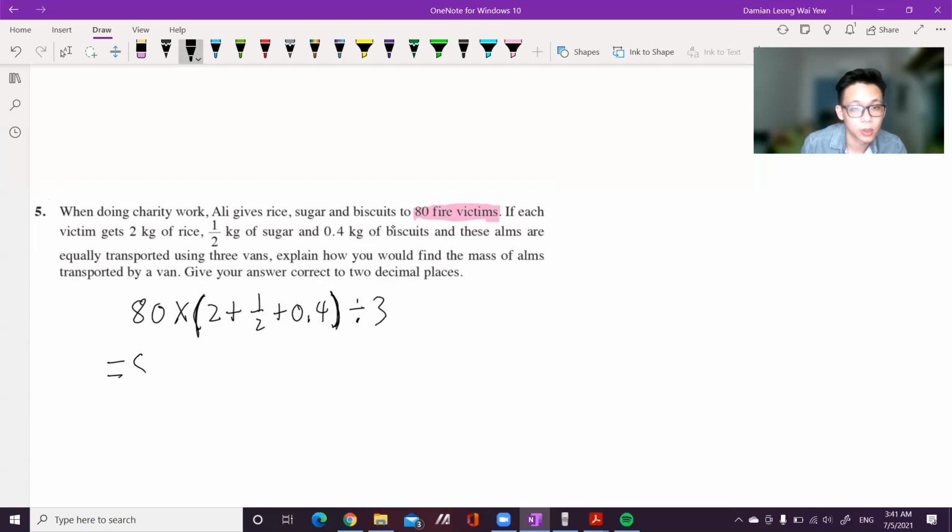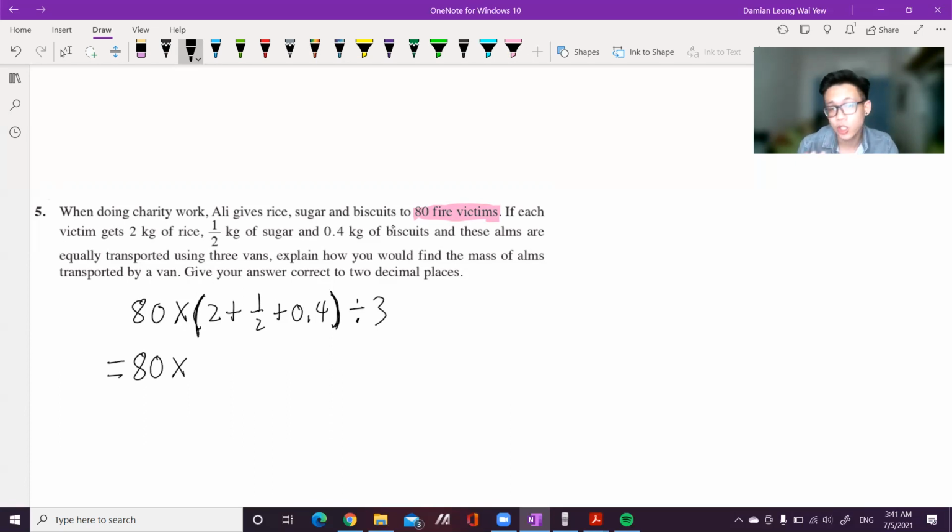Now, I need to add them together first. Okay. But if there's integer, fractions, and decimal at the same time, it will be a bit hard to add them. Okay. Then you change either the fraction to decimal or decimal to fraction. And in this case, 1/2 is very easy to change to a decimal. Okay.